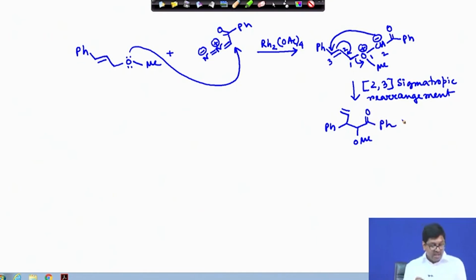Next, we will see another example where a similar type of concept has been used to get an advanced intermediate for the natural product gambieric acid. So, we will see that here R is the silyl group, some protecting group which can protect the corresponding hydroxyl group.